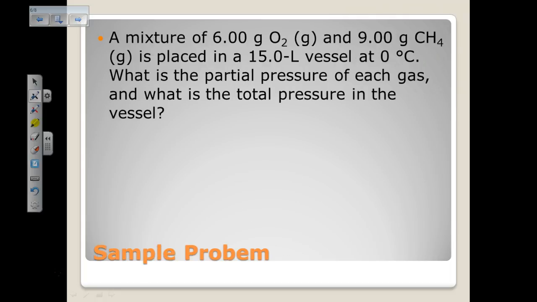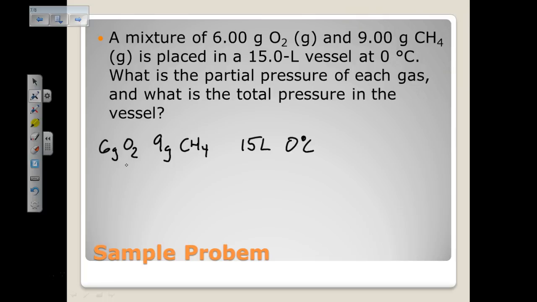So here's a partial pressure problem. In that partial pressure problem, there is 6 grams of O2 and 9 grams of CH4 in a 15-liter container at 0 degrees C. It says what's the partial pressure of each gas and what's the total pressure.